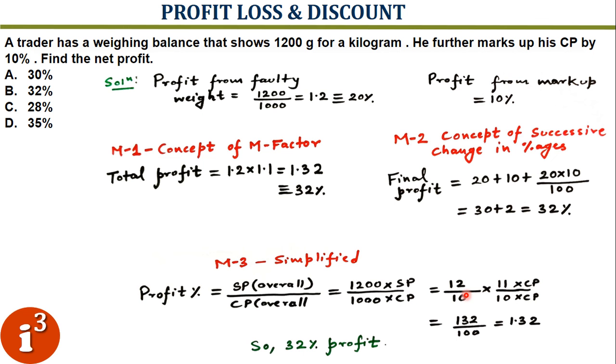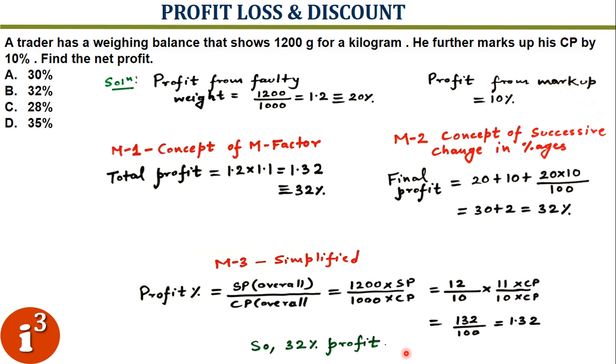So 12 by 10 into 11 by 10. Next time we'll be doing this simply. He is claiming 12, taking the price of 12, actually giving 10. So 12 by 10 is his profit. Again, he is marking up, that is 10%, means 11 by 10. So 12 into 11 by 100, 132 by 100, 1.32.